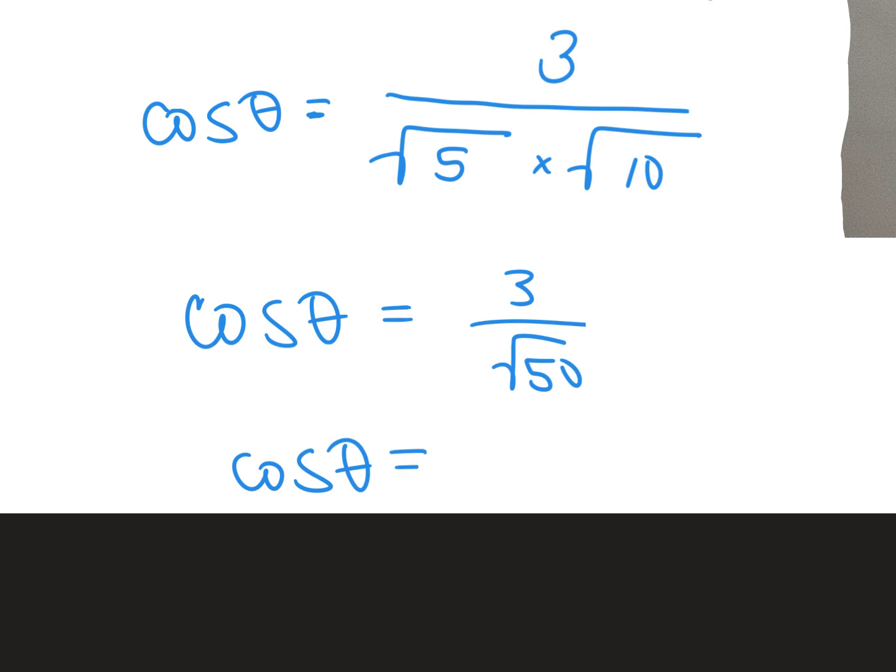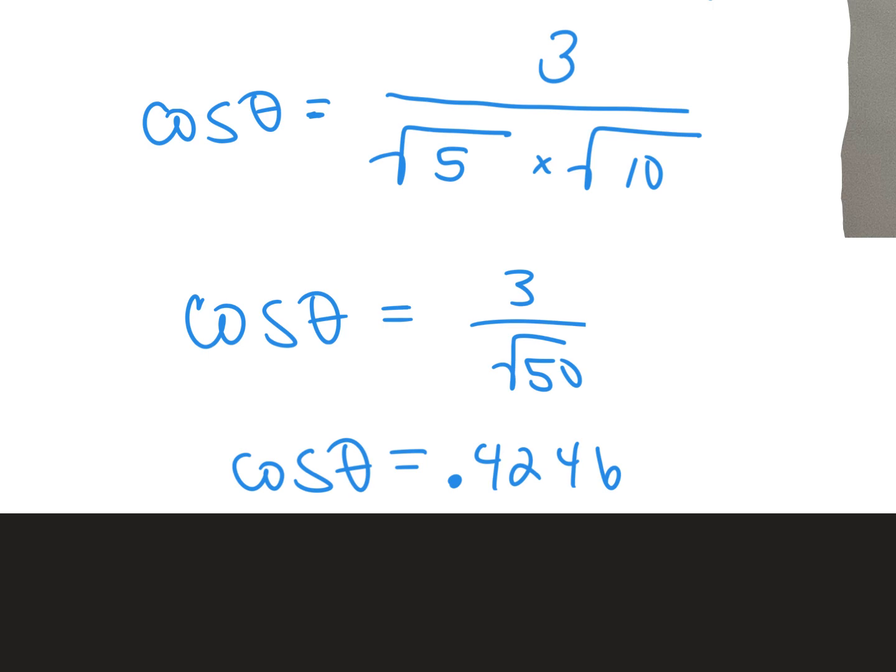You got a little decimal, right? What do you get? Okay, so 0.42 what? 4246. Okay, is that the actual angle measure? Is your angle measure 0.4?